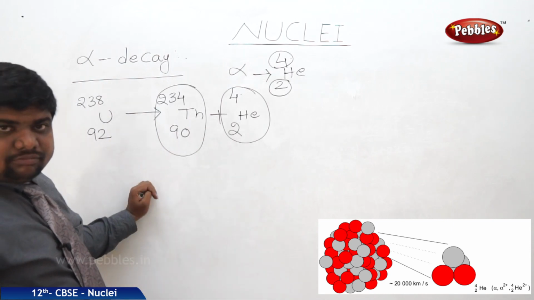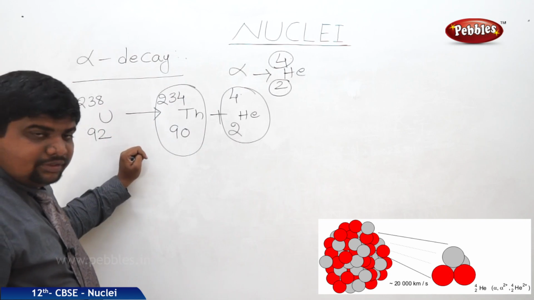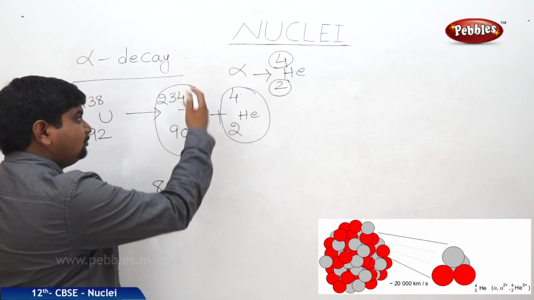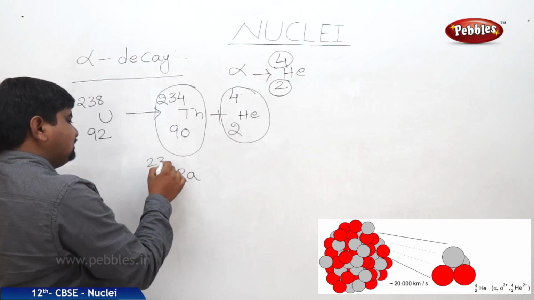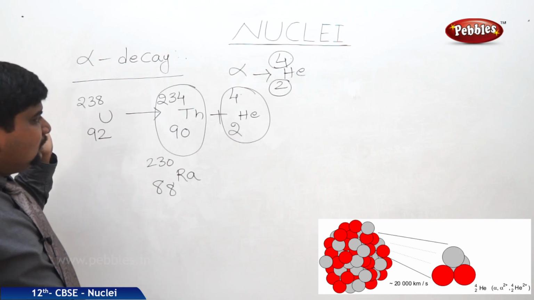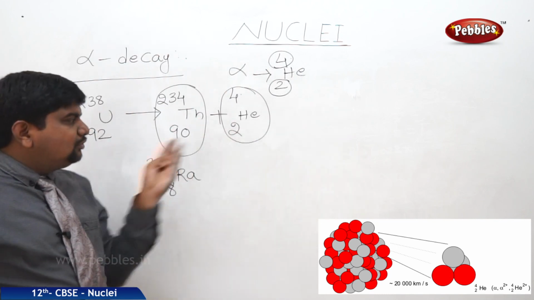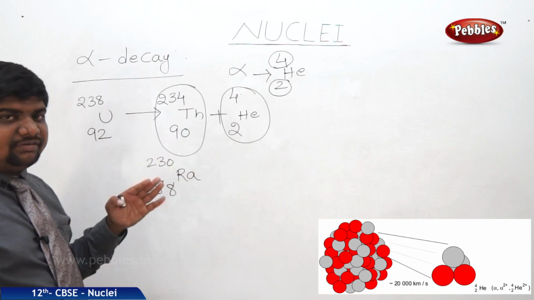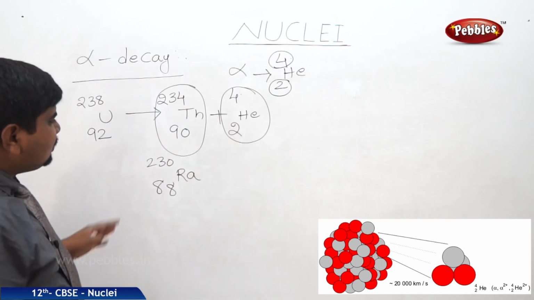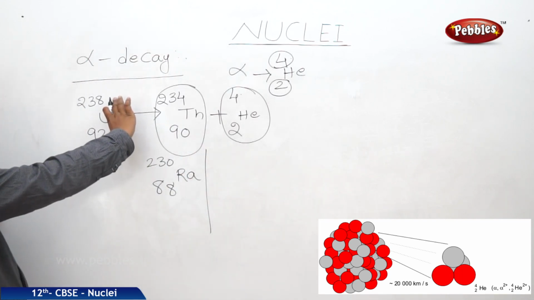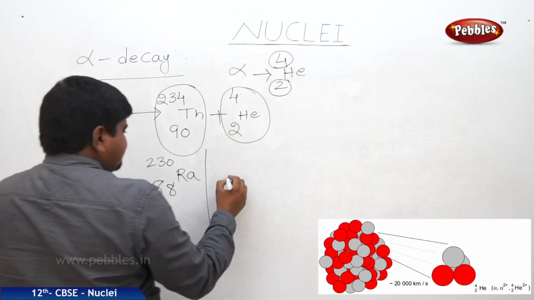Again from thorium, if you removed any helium, it becomes 88, radium, 234 minus 4, 230. So like that, a helium nucleus is removed from a given radioactive element, and another series of the radioactive elements going to start. So what we can understand with this experiment is the chemical analysis of the alpha decay is like this.